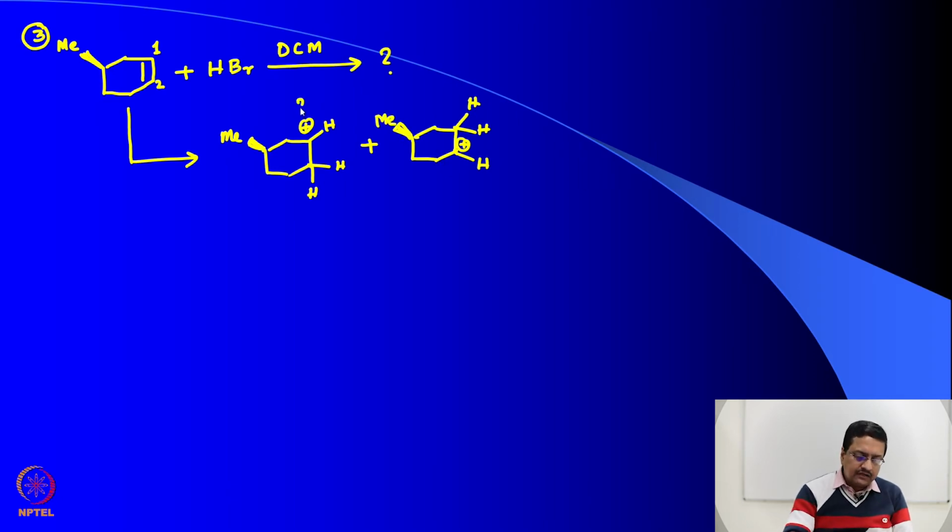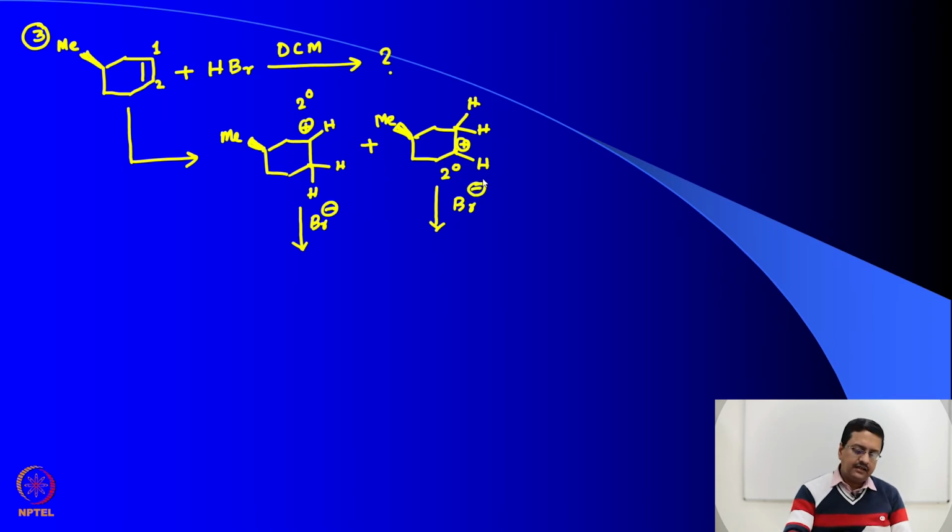Both of them are 2-degree carbocations, and they do not have any other chance to get converted to a 3-degree carbocation. So in terms of stability, these two have very similar or equivalent stability. Therefore, both of them will give their corresponding products with Br minus.